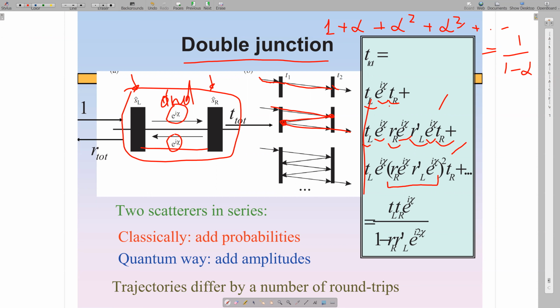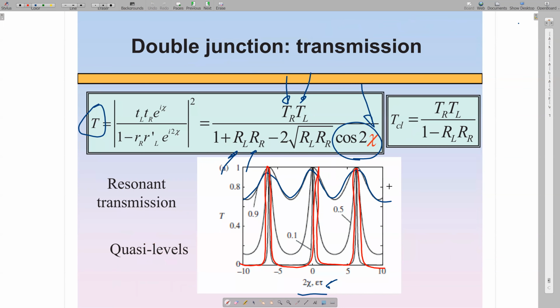We apply the same here. That's what we get. We managed to compute the amplitude of the total transmission, the transmission amplitude through both junctions. Good. Let's get to probability.